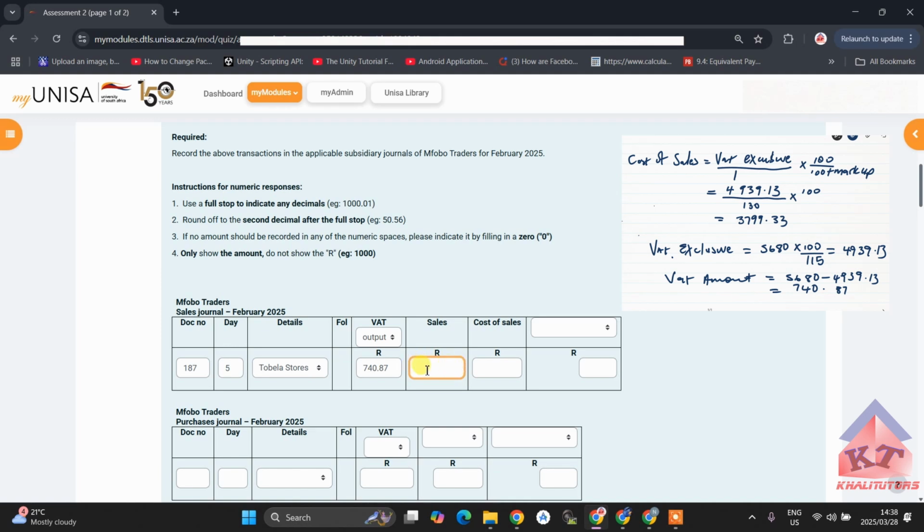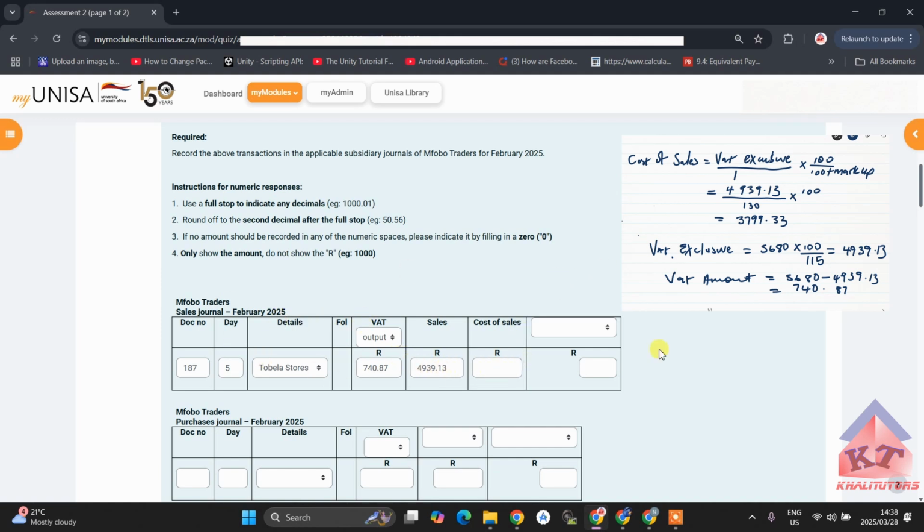You don't write the total, but the VAT exclusive amount. In this case, this is going to be 4939.13. Okay, and you must also calculate the cost of sales, but we are not going to do that just yet.